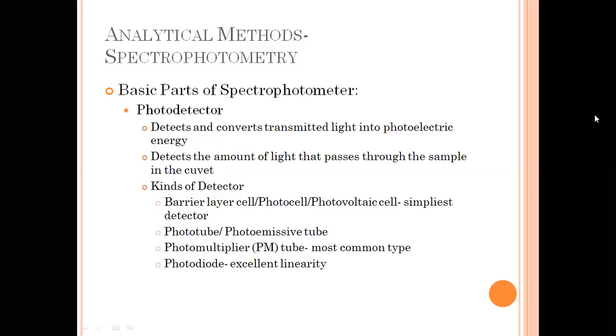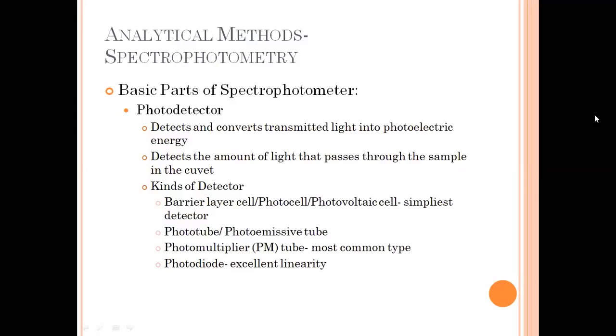And lastly is the photodiode. And photodiode is a type of photodetector that produces an excellent linearity. Okay, so same with other parts of spectro, the most commonly used type, kindly take note, is your photomultiplier tube. However, the simplest is considered as the barrier layer cell.